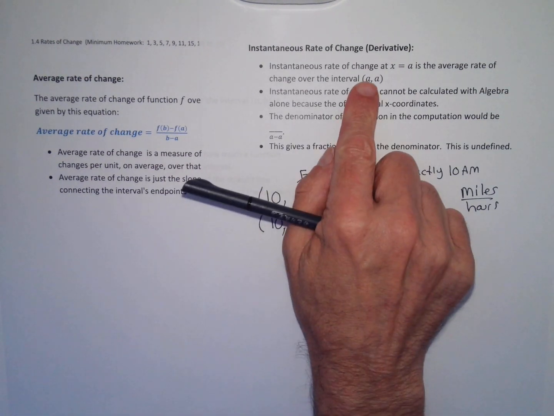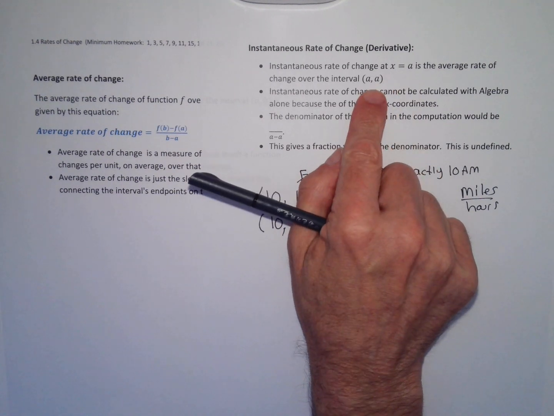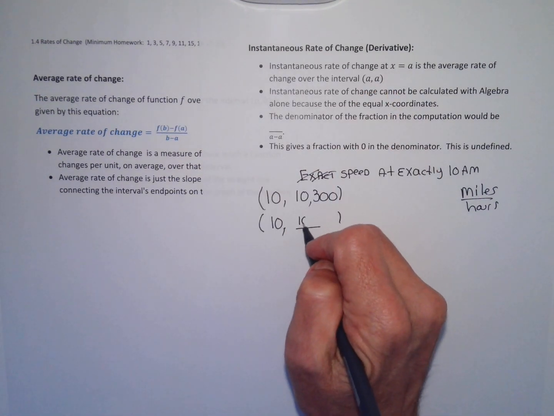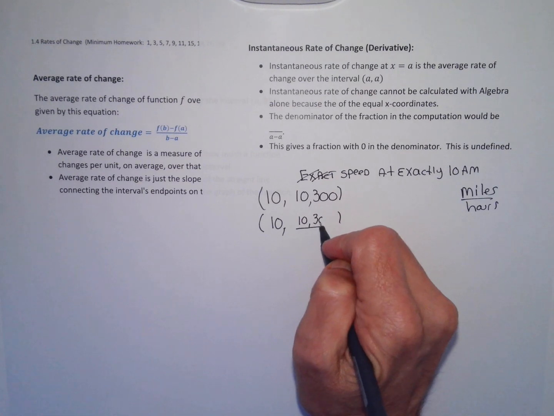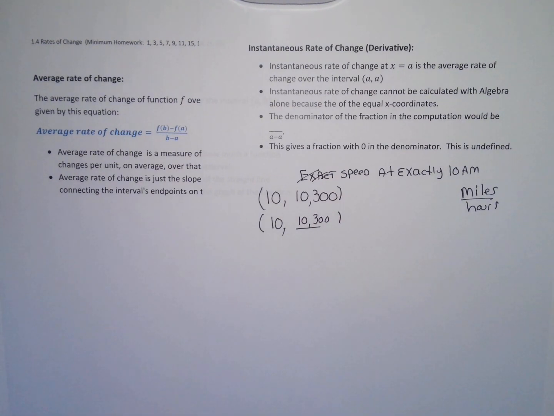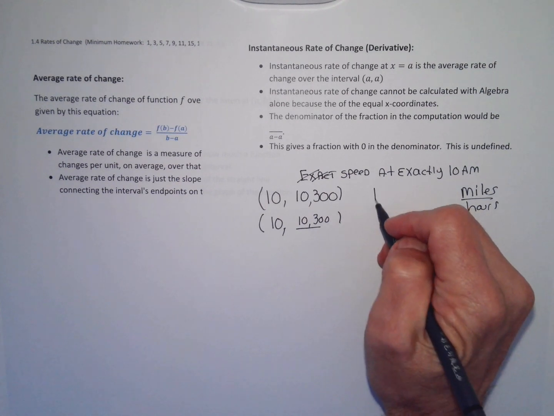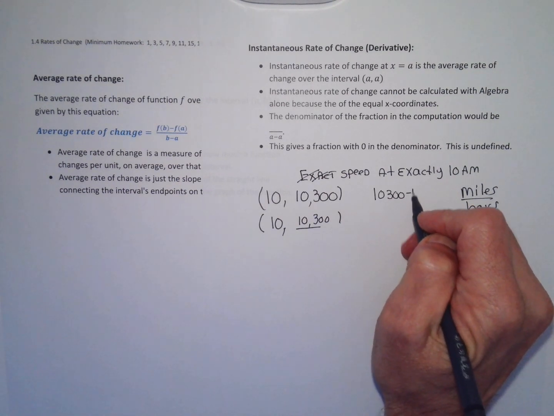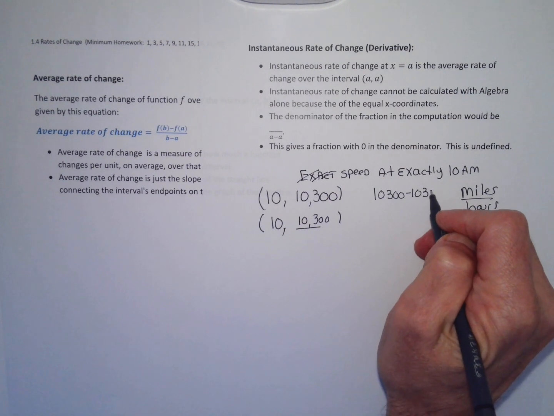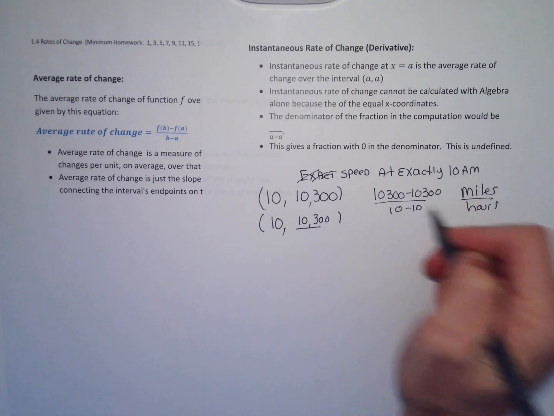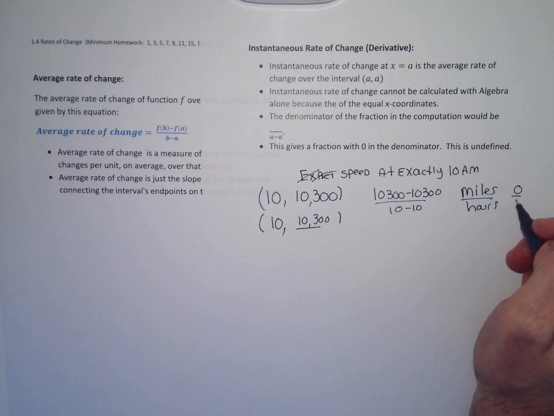But the instantaneous rate of change is the average rate of change over the interval. So it's really the average rate of change over this interval from 10 o'clock to 10 o'clock. Well, what if I tried to do this? If I tried to do the average rate of change over the interval from 10 o'clock to 10 o'clock, I subtract the y's, subtract the x's, and I get 0 over 0.